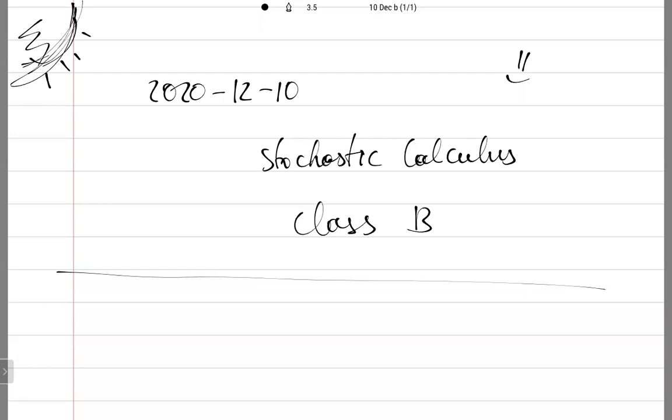Could we please solve number 7 or number 4? Okay, let's. So the first question is to solve number 7, exam 2008, 2009.